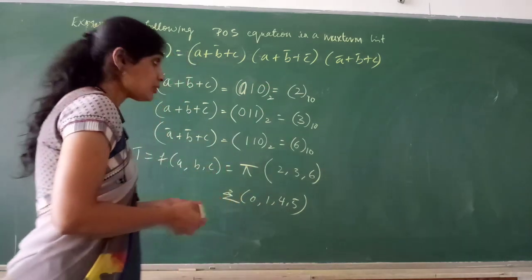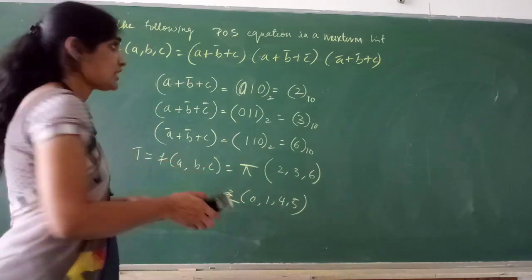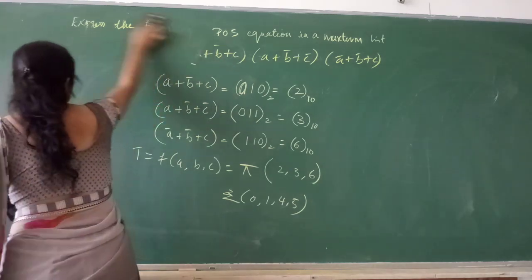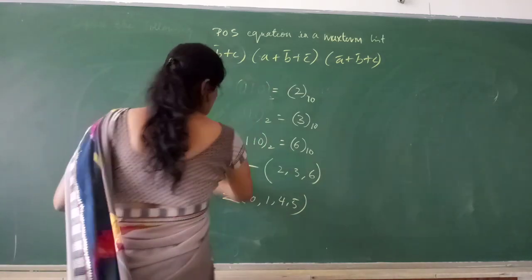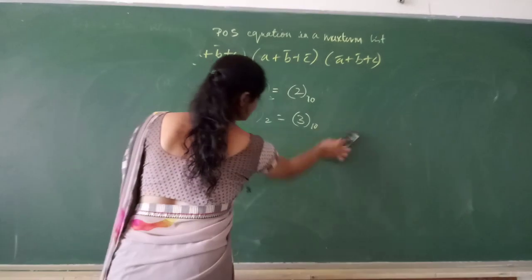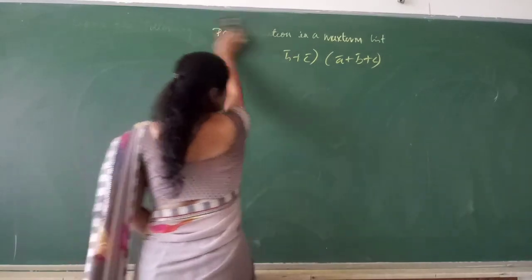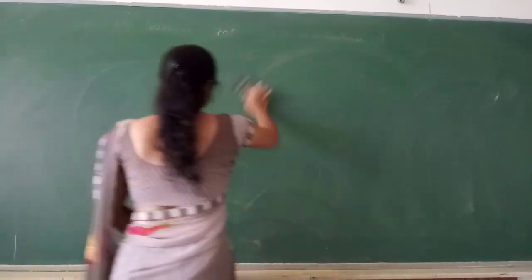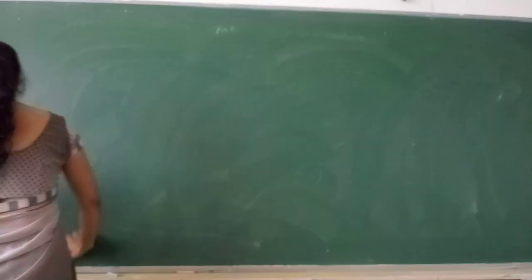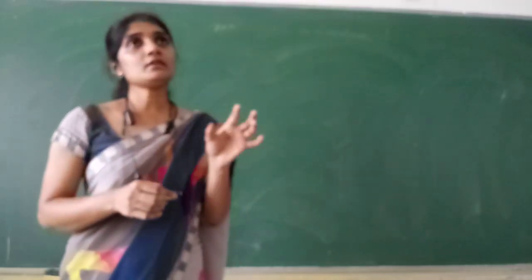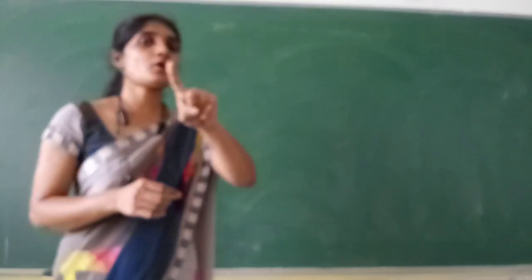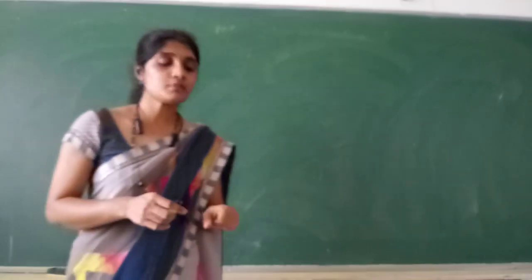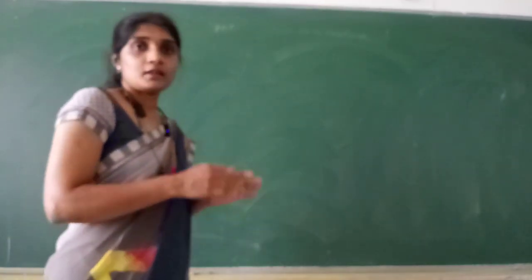Now the next and very important concept we have is based on the canonical SOP and canonical POS. Now the next topic is very important. Examination, module 1. On this one problem for sure you are going to get in your main exam. So what is that?